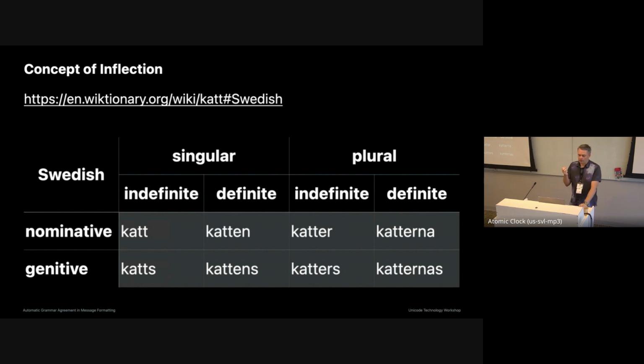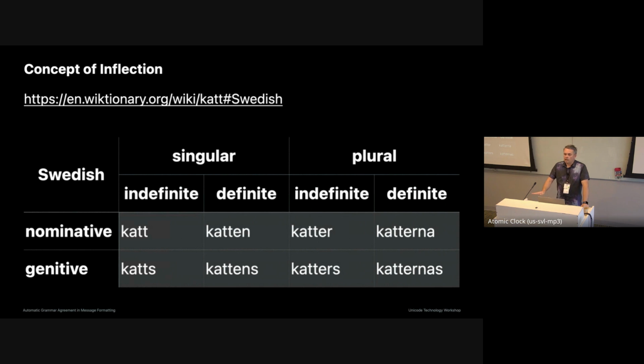We have nominative and genitive, singular and plural, and then for each of the singular and plural forms, we have indefinite and definite. And this starts to show where this shines. We notice that we're not just putting the article in front of the word. The definiteness becomes a suffix as a part of the word.